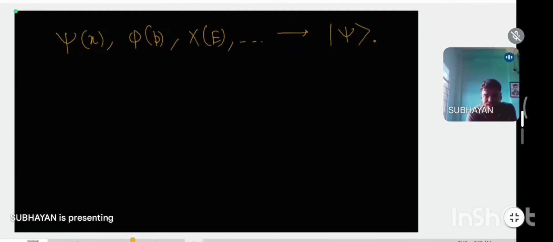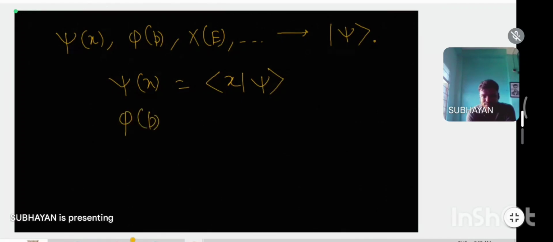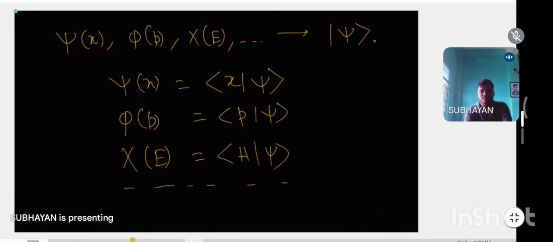If you want to find psi x from psi ket, you have to take the inner product of the position basis with the ket. If you want to find phi p, this will be p psi. If you want to find chi e, that will be the Hamiltonian basis with psi, and so on. This is the way of generally representing any function in the ket notation, and this notation is known as the abstract notation.